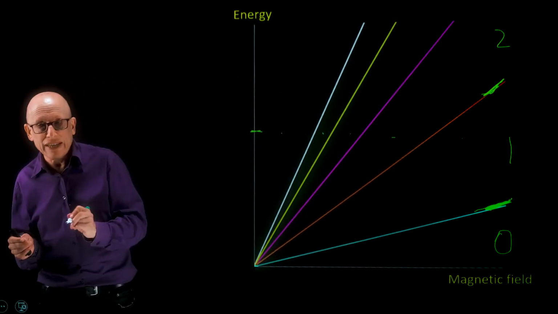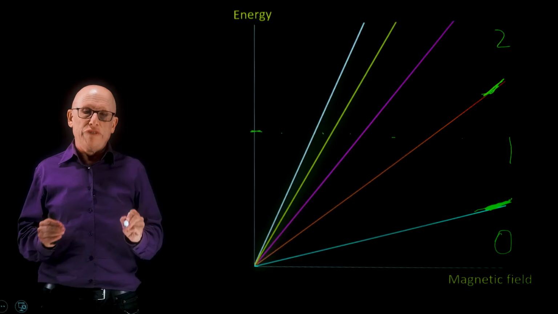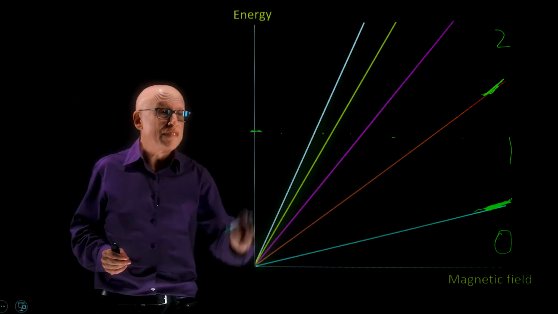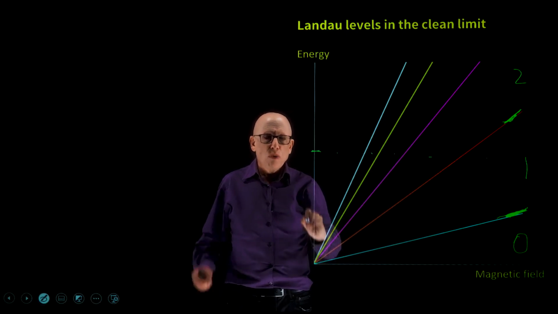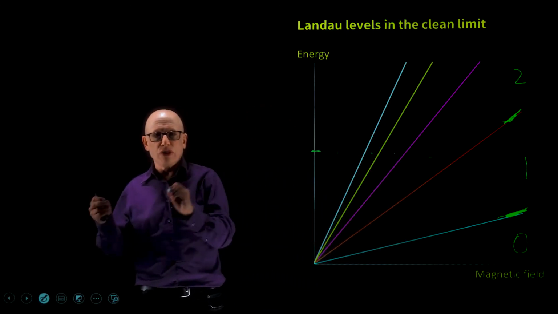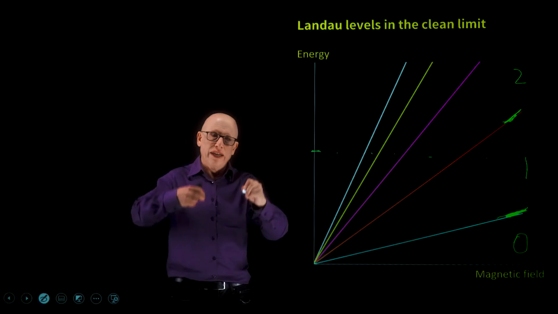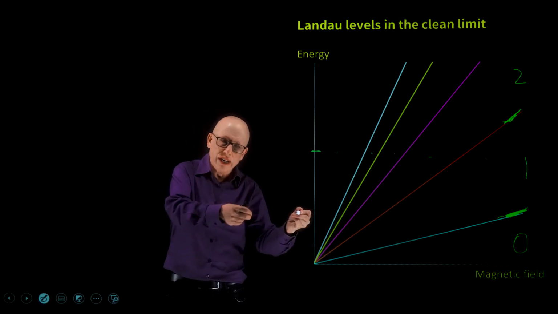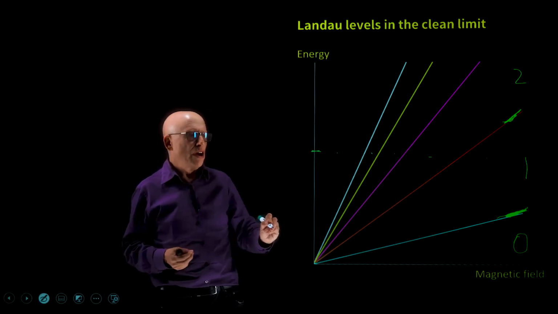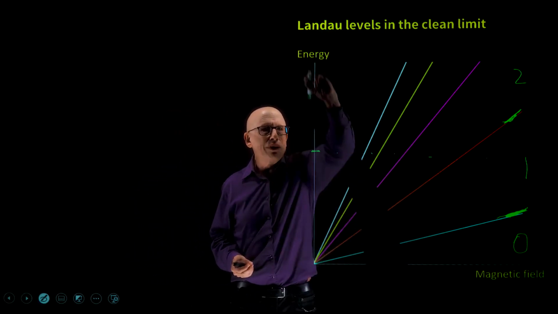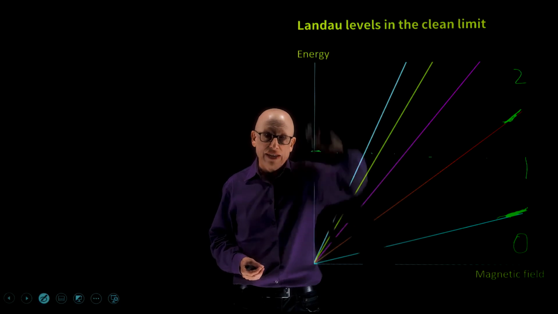Well, to understand that, we need to add another piece of information. And this is what happens at zero magnetic field. At zero magnetic field, we know from Anderson's theory of localization, from the original theory of Anderson and the following theory of the gang of four, that there would be no delocalized states along this line at all.